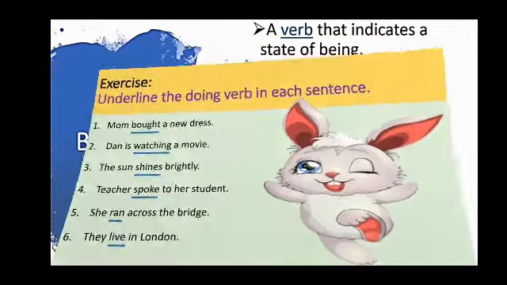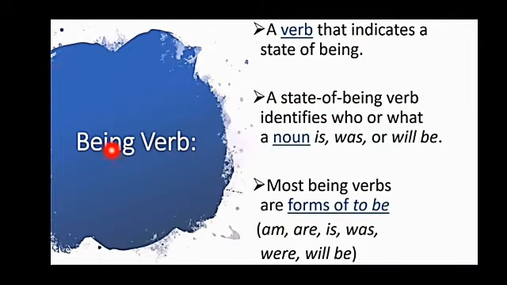Let's see the being verbs now. Okay, being verb. Being verb is a verb that indicates a state of being. A state of being verb identifies who or what a noun is, was, or will be. Okay?